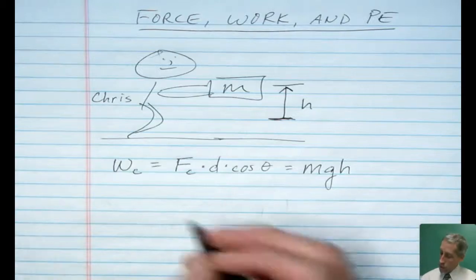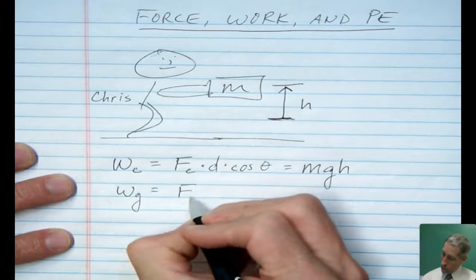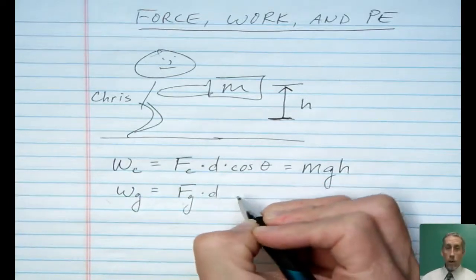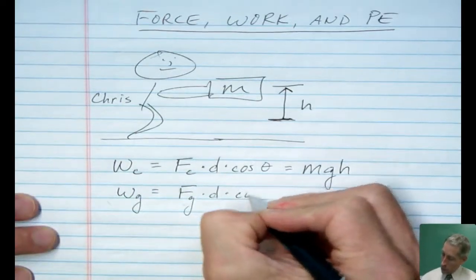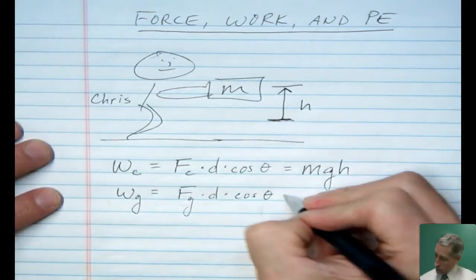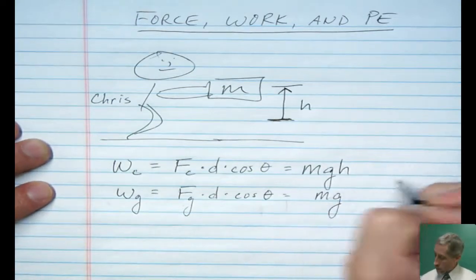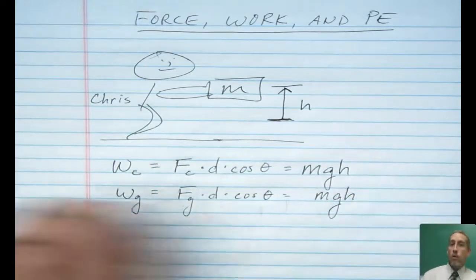But of course, there's also work done by gravity at the same time. And this would be the force of gravity times the distance covered while that force was acting times the cosine of the angle between those two forces. Well, what would that be? That would be, of course, force of gravity is also mg. The distance covered is h. But now look at theta.